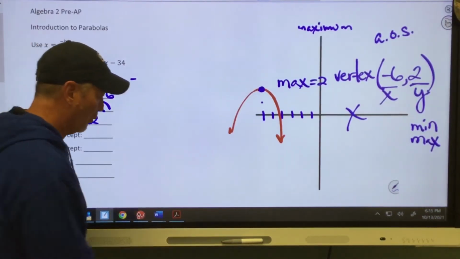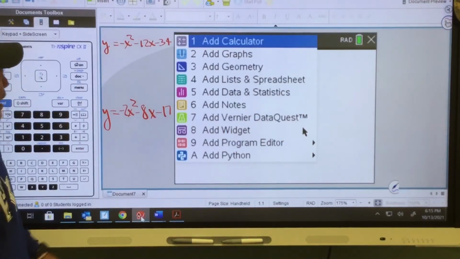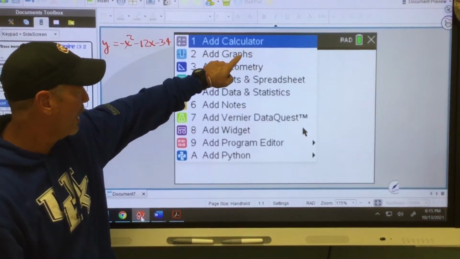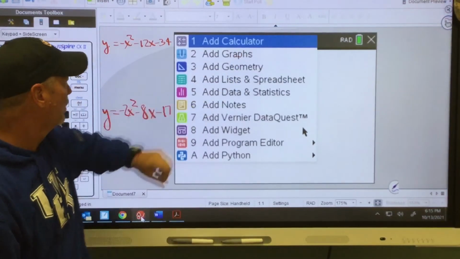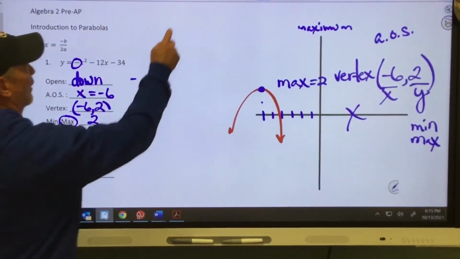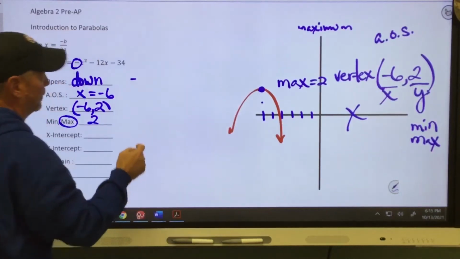Okay? So when we go to our calculator, let me show you how we're going to do this. Here's my equation that we're going to put in. We want to make sure that we're going to do a graph. Hang on a second. Sometimes this happens. Okay? There we go.